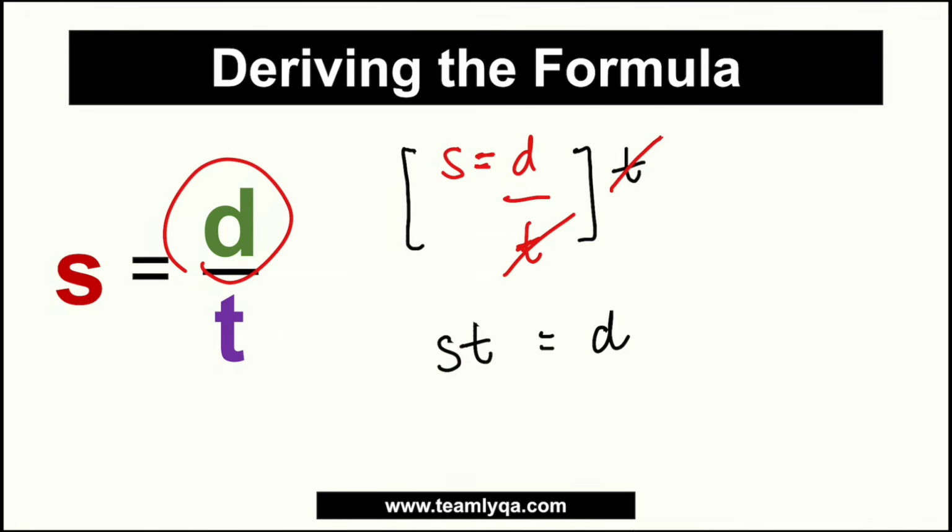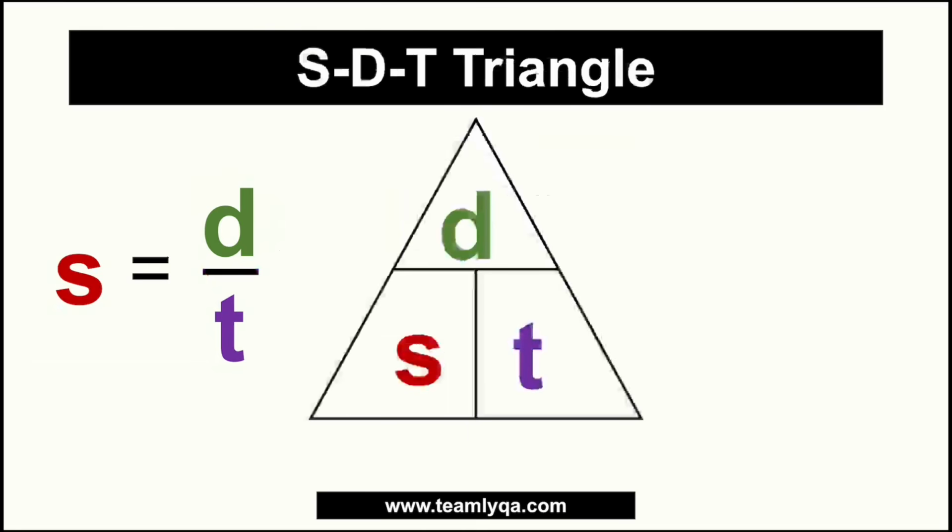Okay? Now, another way for you to do this and actually solve for yung formula naman ng time, if that's what you're looking for, ay yung ating tinatawag na SDT triangle. Now, yung SDT triangle basically looks like this. And it's just a diagram, if you think about it, nung ating basic formula, which is S is equal to D over T. Now, once you have this triangle right here, ang gagawin mo lang, if you're looking for one of these three things, i-cover mo siya dun sa triangle.